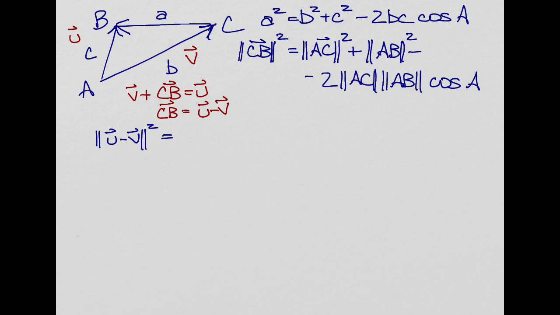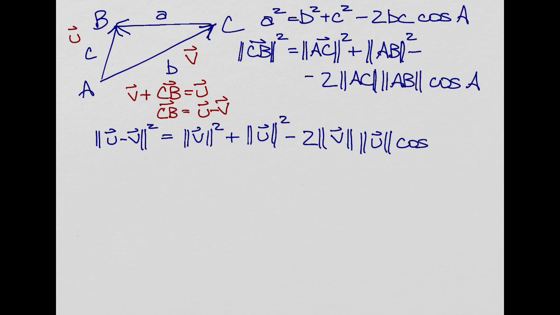Equals the magnitude of AC, that's v, plus the magnitude of AB, that's u, minus 2 times, this is b, not squared, and magnitude of u, also not squared, times the cosine of a.